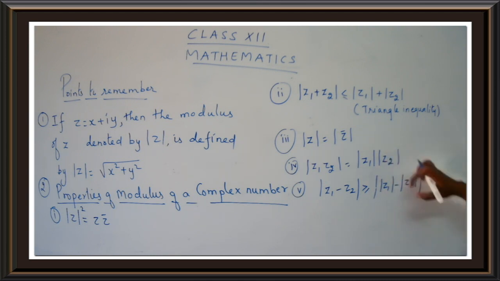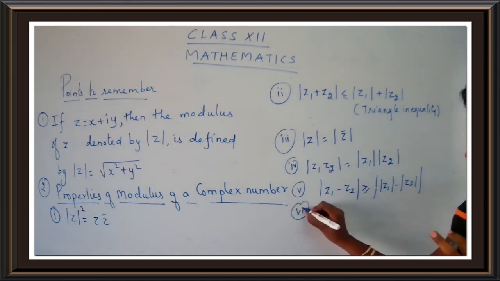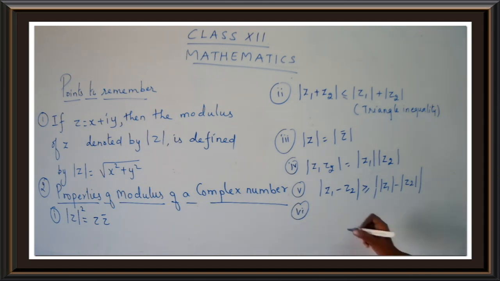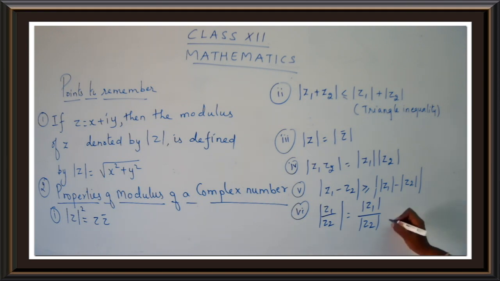Go for the sixth property. Modulus of z1 upon z2 is equal to modulus z1 upon modulus z2, where z2 is not equal to 0, because if z2 is equal to 0, everything goes off and you don't get the property.